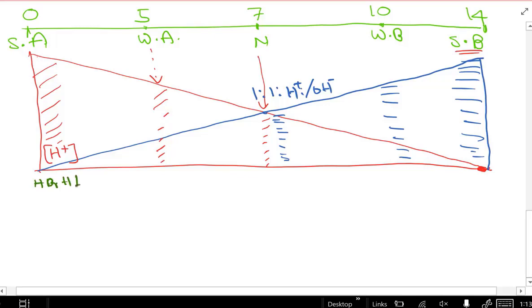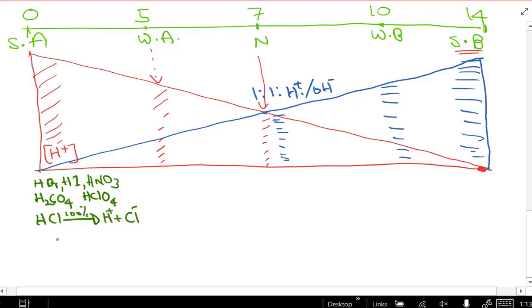So good examples of strong acids are HBr, HI, HNO₃, HCl, sulfuric H₂SO₄, and perchloric HClO₄. The hydrochloric acid we're going to break into ions, dissociate into 100% H plus and Cl minus.